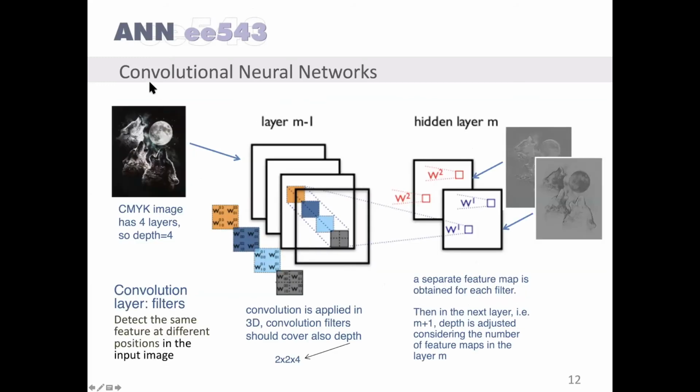As an example, consider a CMYK image, which has 4 layers. So depth is 4 here. We are going to find the convolution layer feature maps by applying filters. This results in detecting the same feature at different positions in the input image.